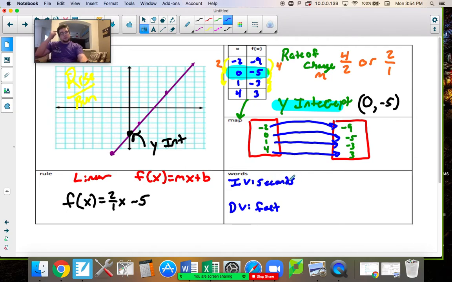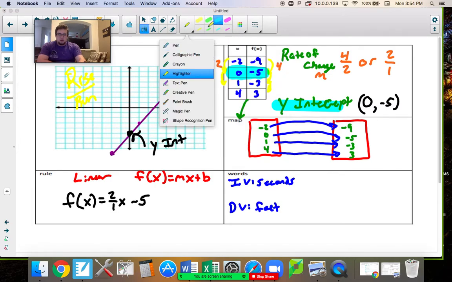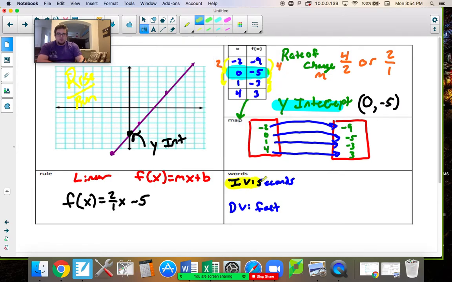All right? So when we look at this equation, these two numbers right here, I'm going to use highlighter to help us out. The independent variable numbers has to be with 1, and then the 2 and this negative 5 have to be described by our dependent variable.